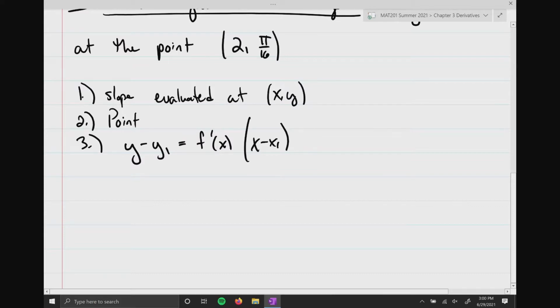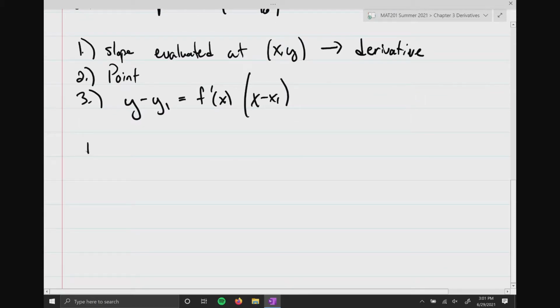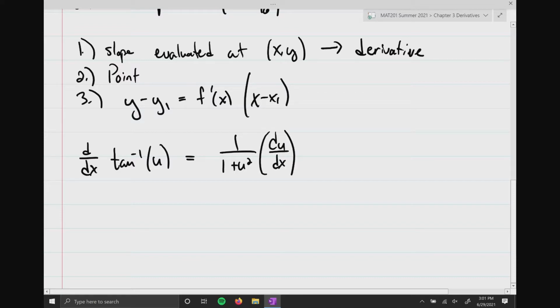The slope is going to be our derivative. Now, earlier, I gave us this formula here, d dx of the inverse tangent of u is going to equal 1 over 1 plus u squared times du dx.